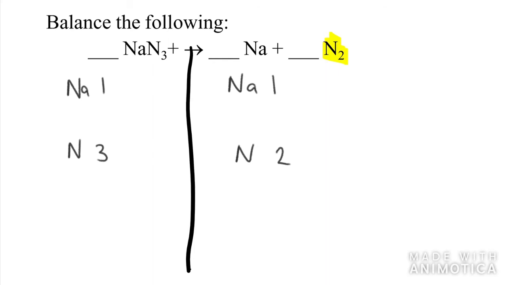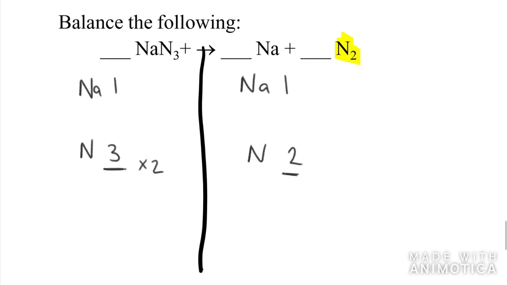So what we want to do is multiply this by 2 to give us an even number, because we can't do anything with a 2 unless it's even. So 2 times 3, we'll put 2 here. Now we have 2 Na's and 6 nitrogens.